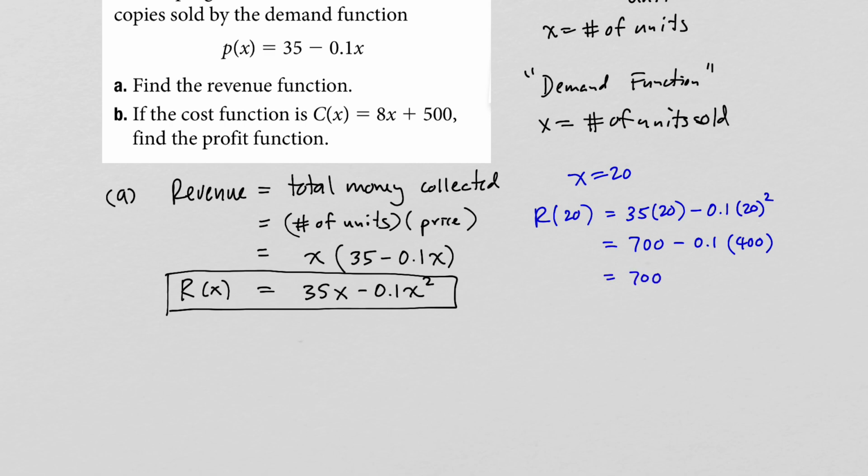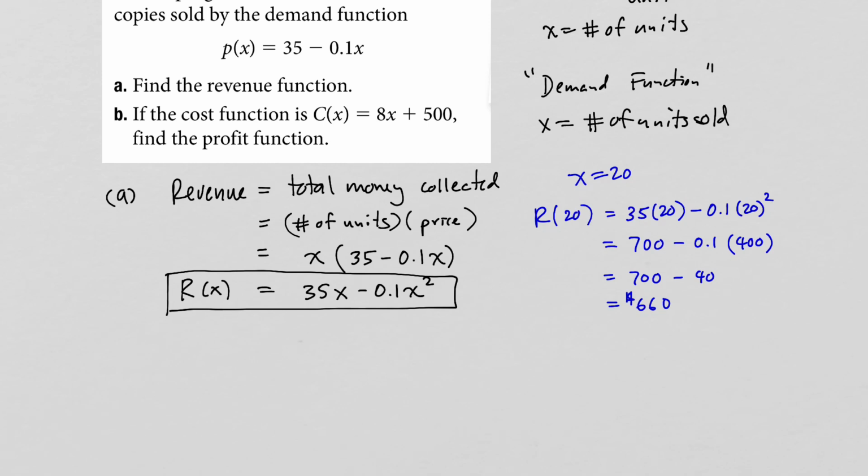This is going to be 700 minus 40, which is 660. And we'll assume that this is dollars. So if you sell 20 units, the total amount of money that you're going to collect is $660.